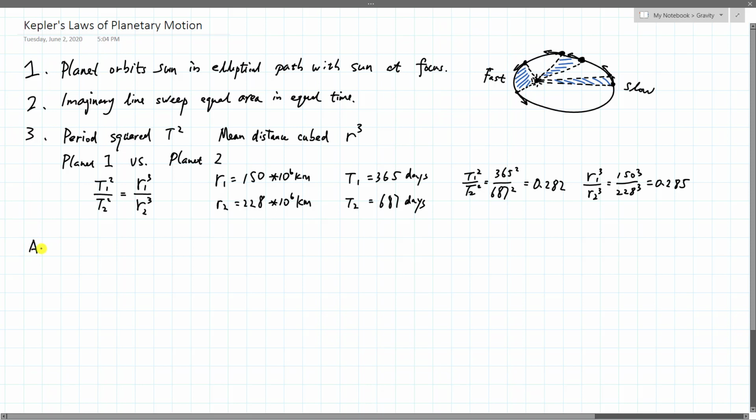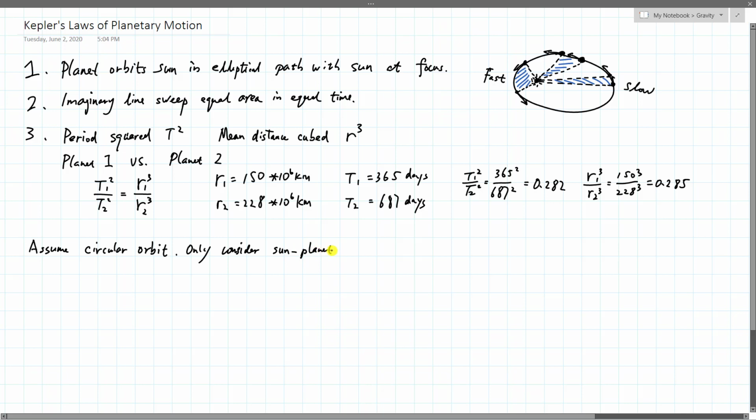First we assume a circular orbit. That's okay because most of these elliptical orbits are circular enough. So we assume circular orbit, we ignore other effects of other planets, and we only consider the sun with the planet.